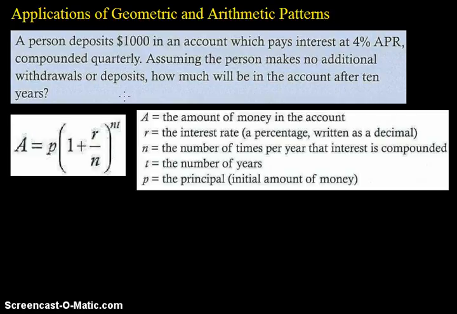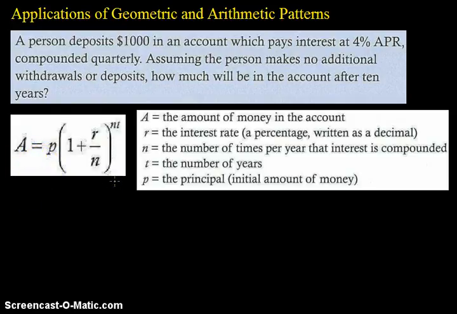In fact, I showed this equation in class when we were in that chapter, and this type of example follows a geometric pattern. So let's do a quick recap on how to use this equation.